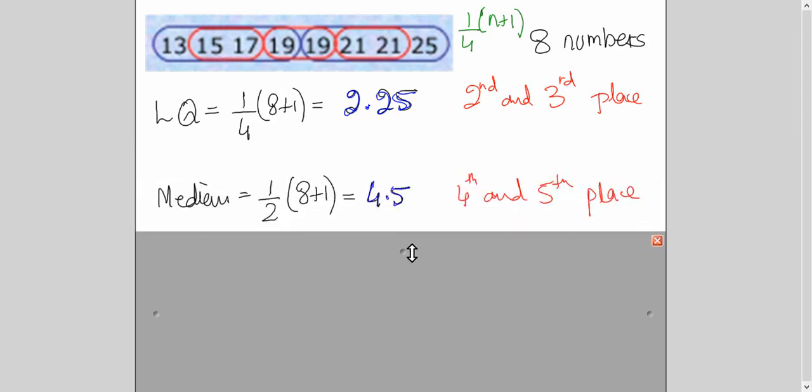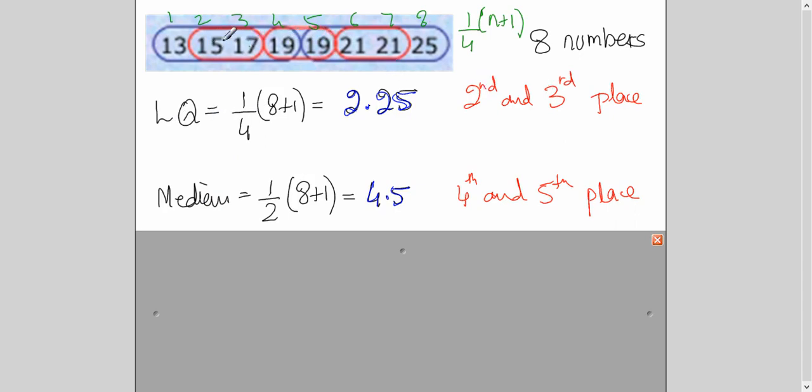So for the median, I will do n plus 1 divided by 2, which is 9 divided by 2 is 4.5. So again, at 4th and 5th place. Now notice 1, 2, 3, 4, 5, 6, 7, 8. So this is 4th place data. This is 5th place data. So if you have to calculate median, you will do 19 plus 19 divided by 2. In lower quartile, 2nd and 3rd place.